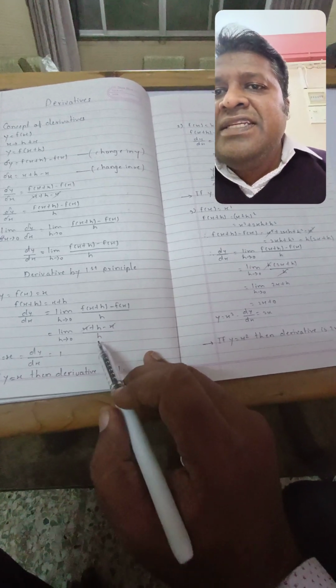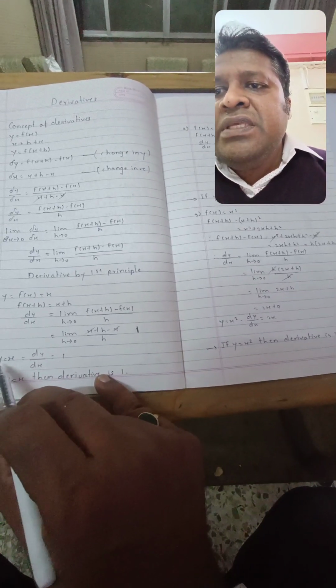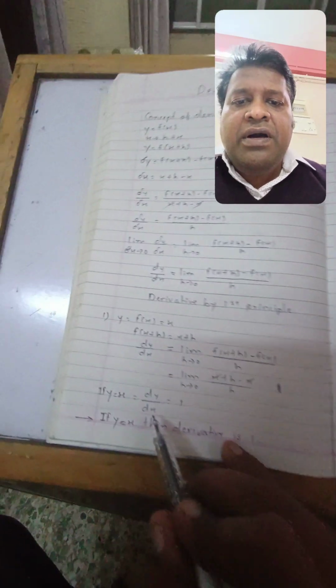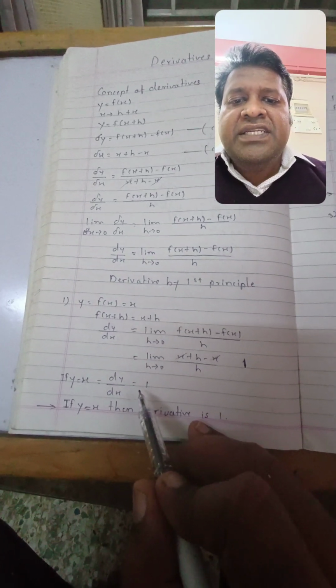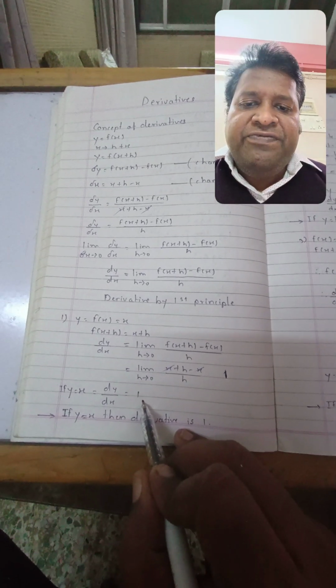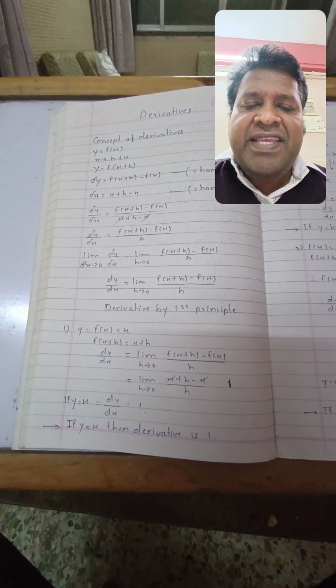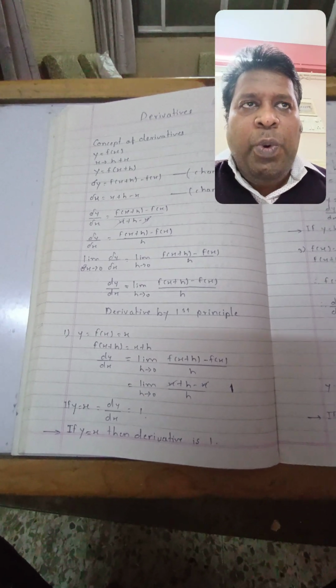If I cancel h upon h, then it will be 1. So if y is x, then the derivative of x is 1. So this is our first formula: if y is x, then dy by dx is 1.